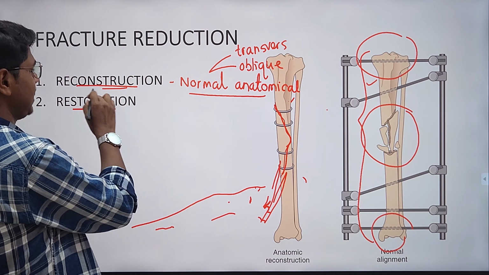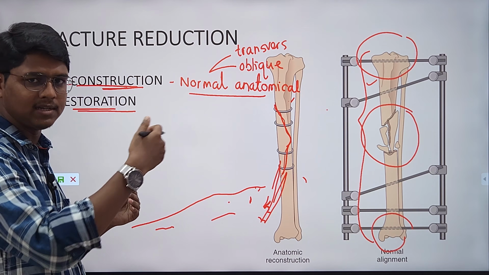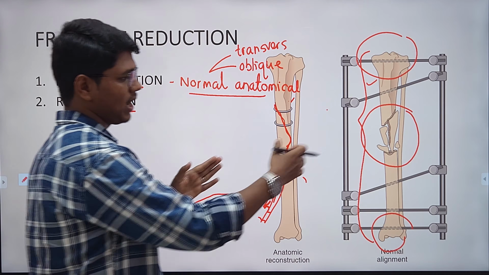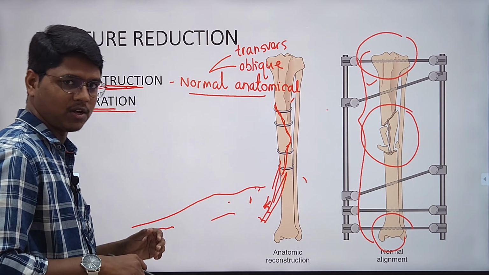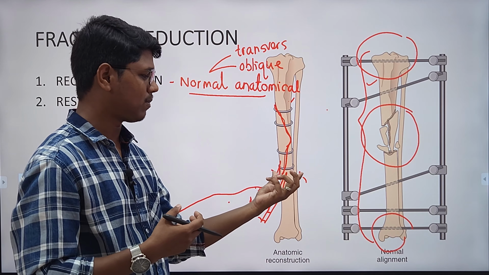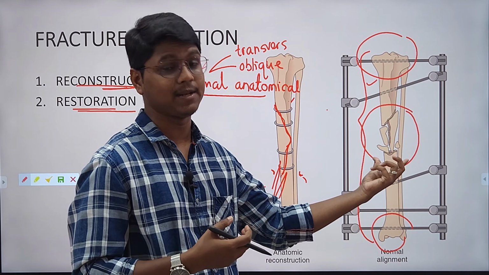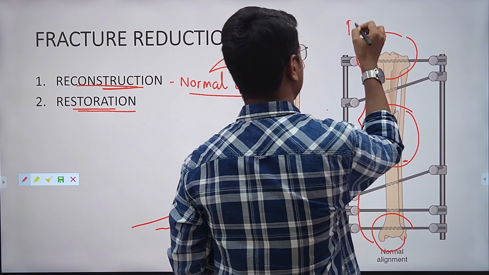So that is why reconstruction or restoration of normal limb length and the joints. These both come under fracture reduction. Somewhat you can slightly say that this is kind of normal anatomical, and this is the realignment. You can tell that this is the realignment of the limb.